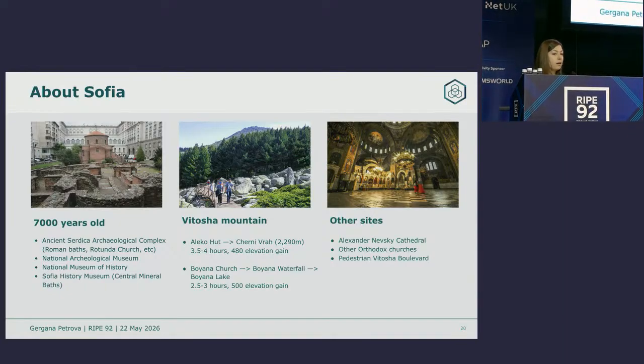One of them is from Aleko hut to Cherni Vrah. Cherni Vrah is the highest peak of Vitosha. And then there is another circular route, Boyana Church to Boyana Waterfall and Boyana Lake. The Boyana Church is also a UNESCO heritage site. It's a very, very nice and green route to relax for half a day.